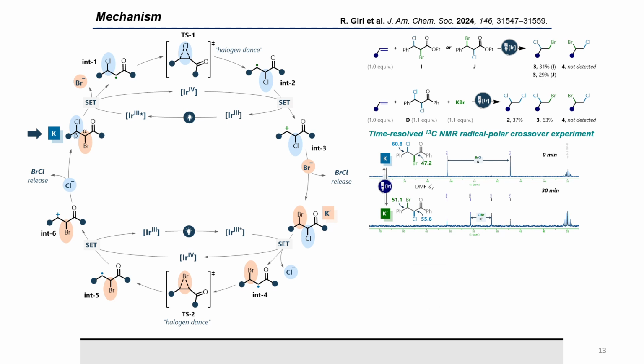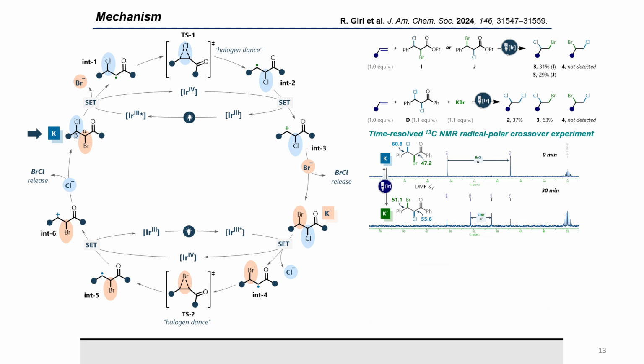Because we did the regioselectivity test. So we prepared a reagent which has BrCl and the opposite stereochemistry, Cl and Br. And what we found is that the only product formed is bromine at the beta position and chlorine at the alpha position of the styrene.